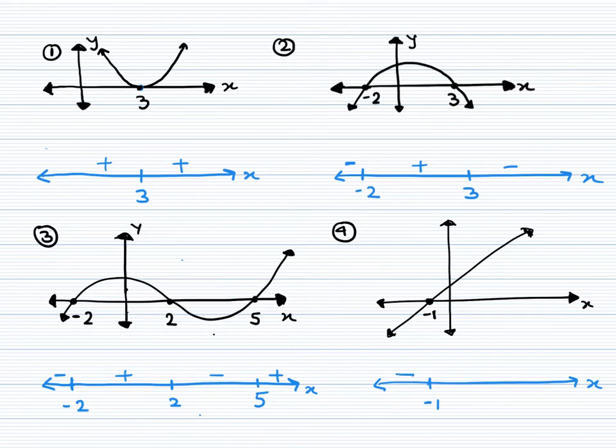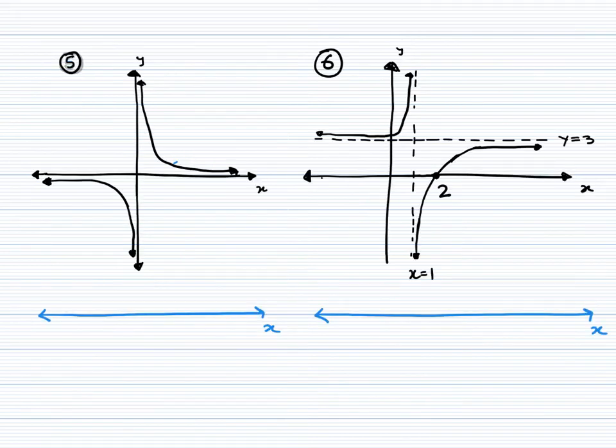Negative, that's correct. And after -1, the graph is above the x-axis, so what sign is that? Yes, positive. And we have one more slide with two more graphs.